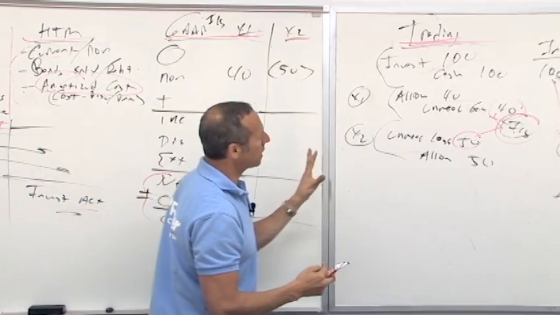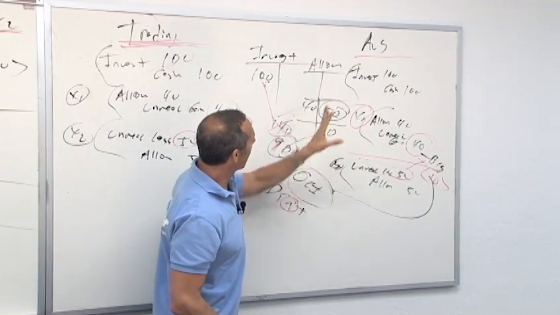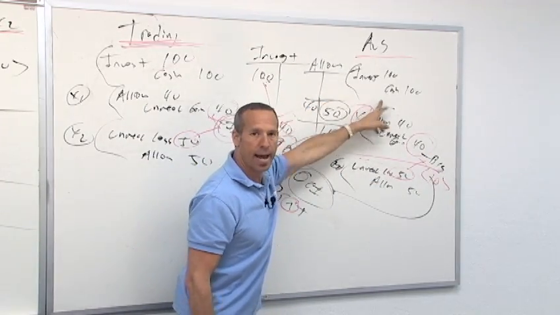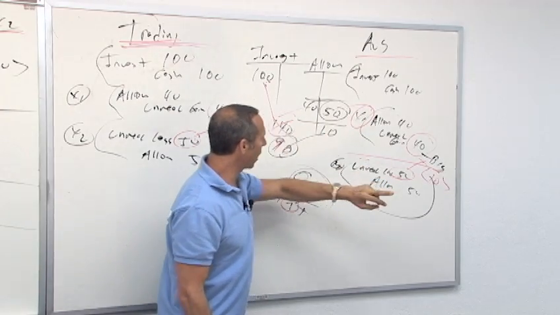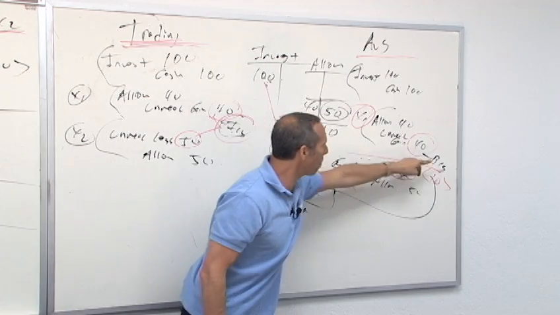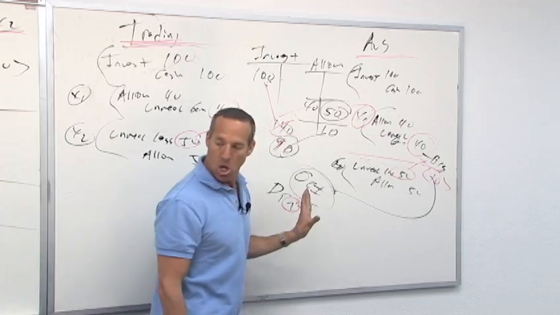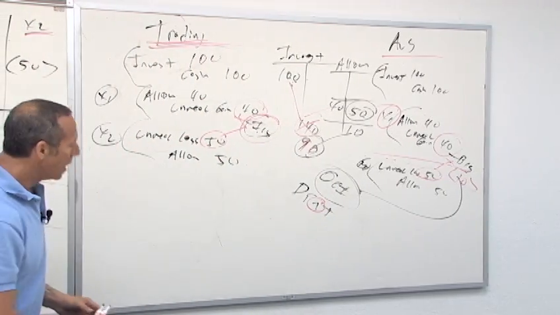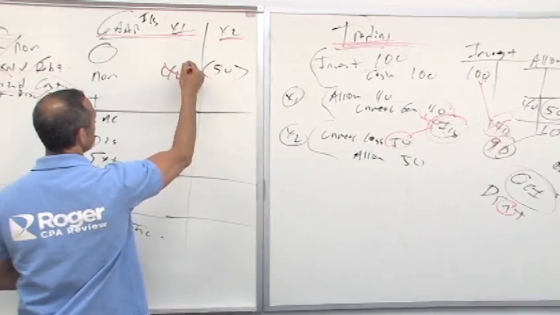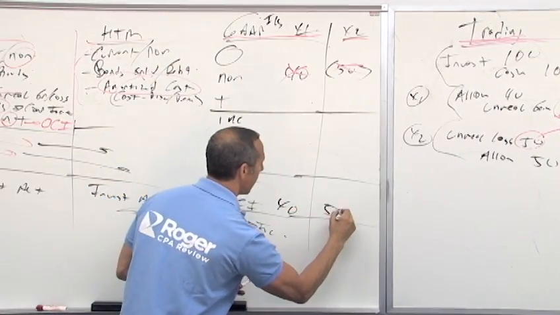So let's come over here and look at this example. Now when we look at this, we've got available for sale. Debit investment, credit cash, then debit allowance, credit unrealized, then debit unrealized, credit allowance. Where does this unrealized gain or loss go? Balance sheet as part of what? OCI, other comprehensive income. So let's see how this differs. Let's say, for example, in X1, so instead of trading, it goes down here, available for sale, 40 and 50.